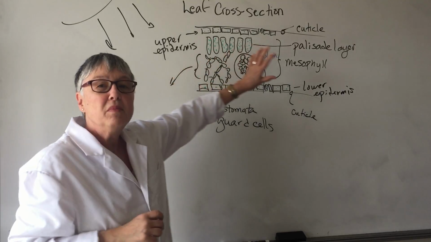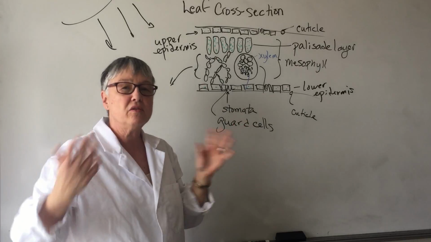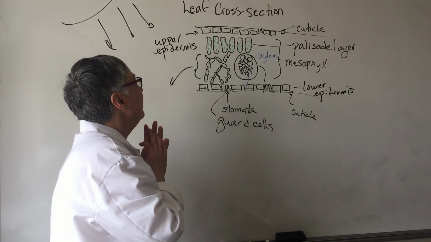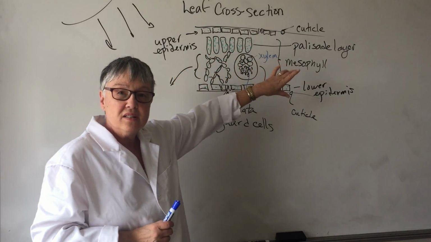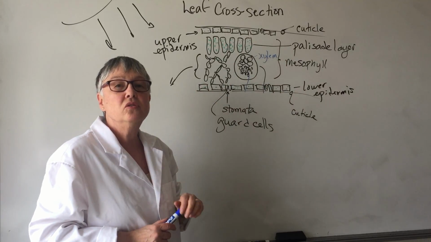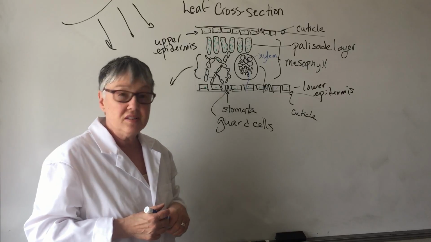Now, one of the things to remember about the structure is that structure always follows function, or function follows structure. They go together. So the reason that we have a lot of air spaces in the lower part of the leaf is to accommodate the gases for photosynthesis.